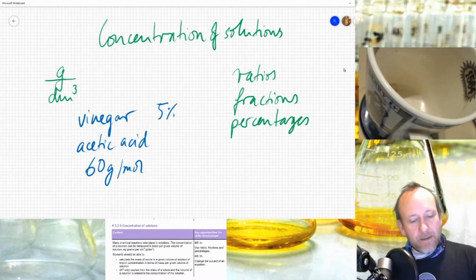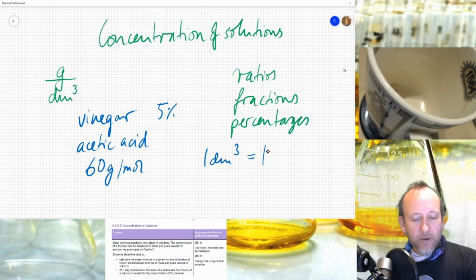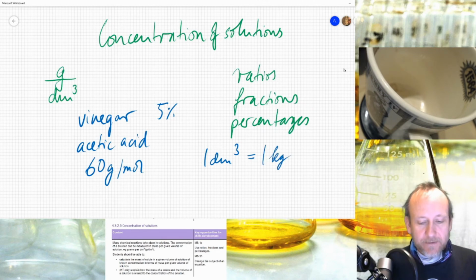If it's 5%, then for 1 liter of water, the 5% refers to the mass. Let's say that the mass of water is near enough a kilogram per liter.